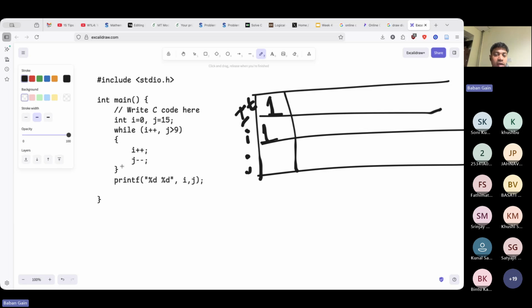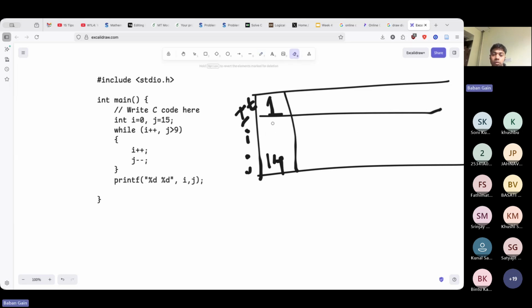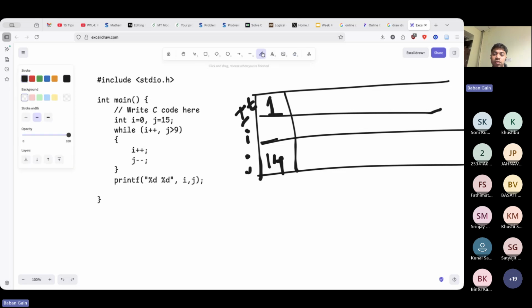It will go inside. So j will get decremented by 1, so here it will become 14, and here it will become 2, because there are 2 increments, right? So similarly, it will continue.